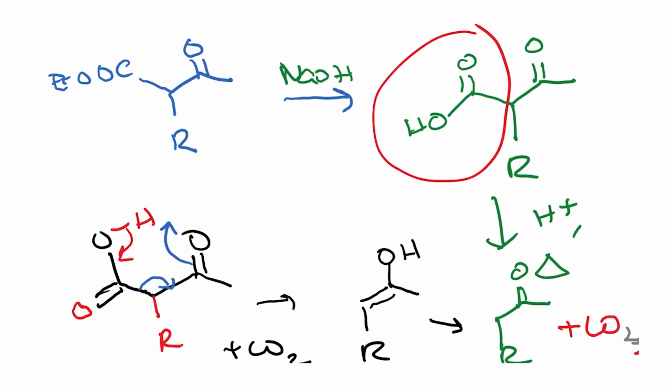Alright, so this is a very, very useful method going forward, because although you're losing a molecule of CO2 in the reaction, it's a very selective reaction, so you can actually control the outcome very nicely. And again, this is a reaction that requires SN2 type conditions.